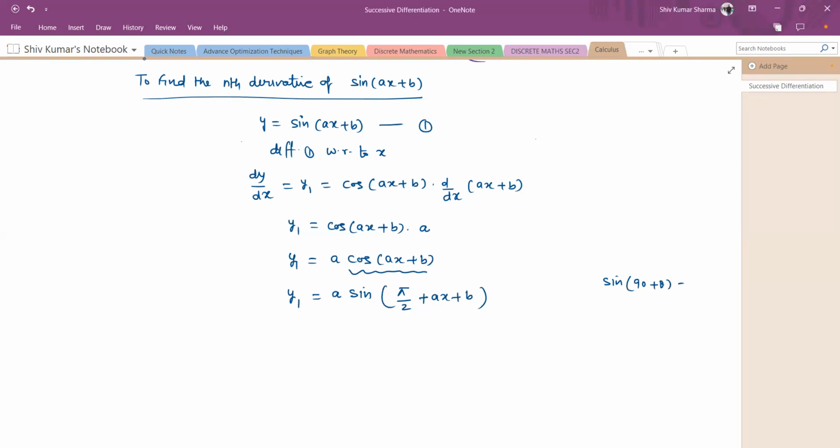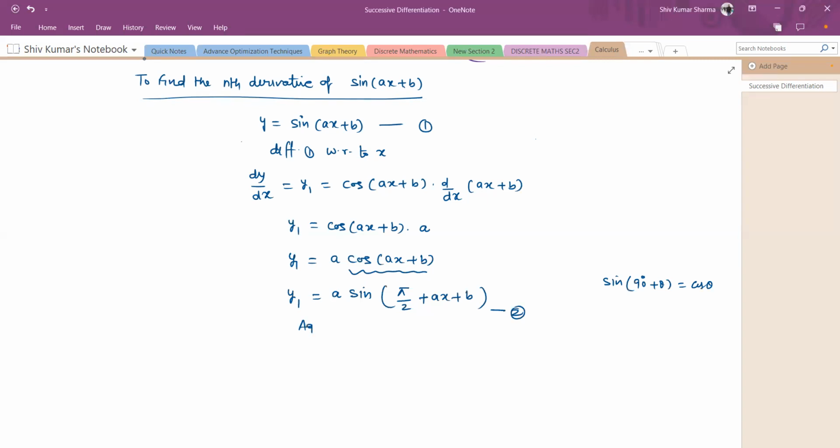You know about the quadrants, all silver teacup. So sin(90 + theta) gives cos theta. This is our equation number 2.